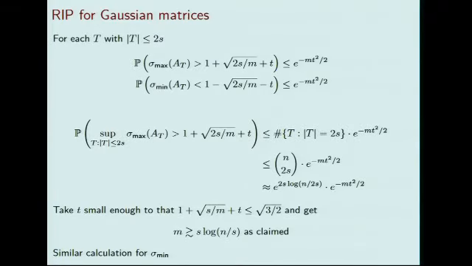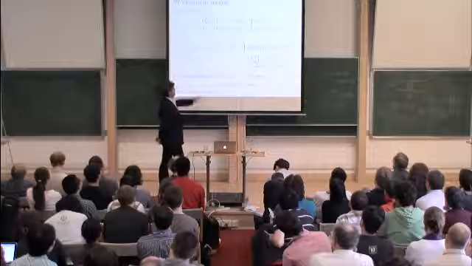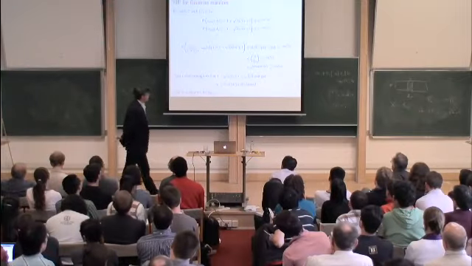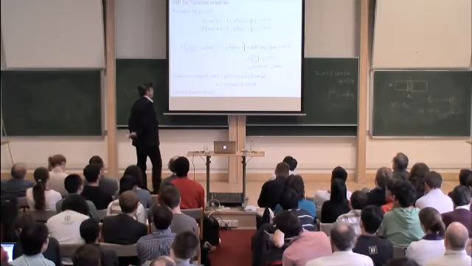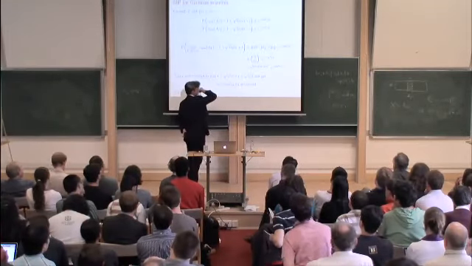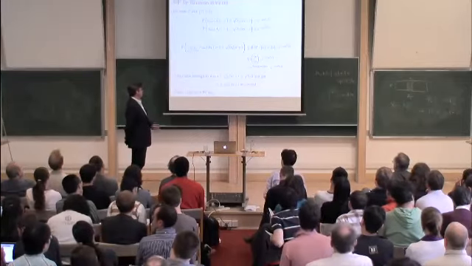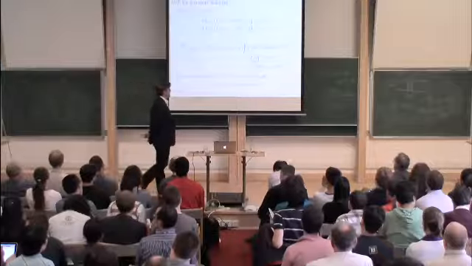So of course, the probability that the sigma max of A_T, the supremum over all subsets T of columns of cardinality at most 2s, is bigger than 1 plus square root of 2s over m plus t, by the union bound is going to be less than the total number of subsets of cardinality less or equal to 2s. But of course, sigma max is an increasing function of the number of columns, so I can just restrict myself to subsets of size 2s, times the probability that for each of them I fail, sorry, which is exponential minus t squared over 2.